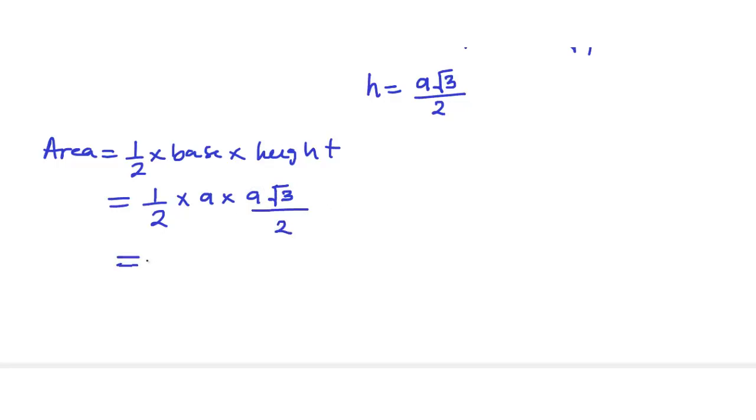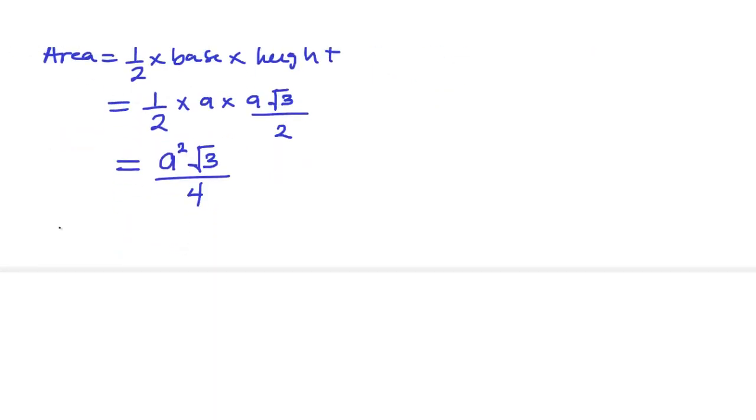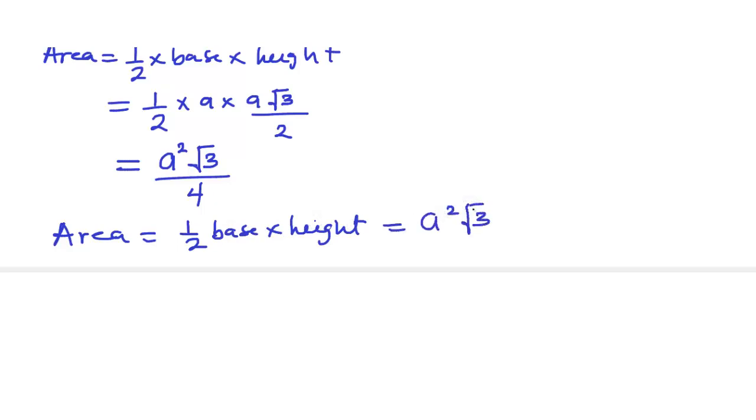If we do our calculation well, A times A times root 3 is A square root 3, divided by 4. So for an equilateral triangle, area is equal to half base times height, which is the same thing as A square root 3 over 4.